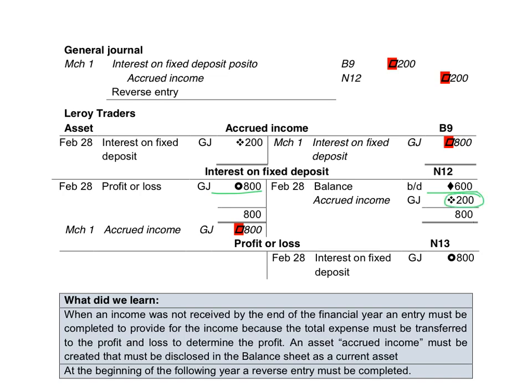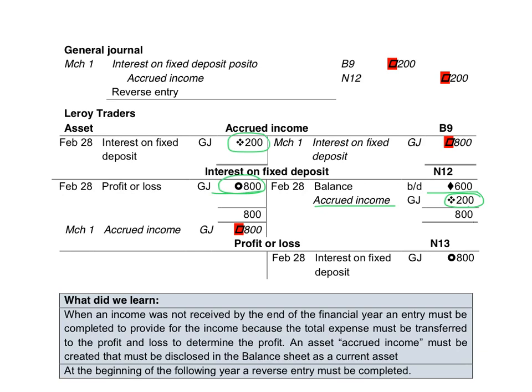That indicates that there's an accrued income at the end of the year, and we have to add it to the interest on fixed deposit account so that we will be able to transfer the full amount to the profit and loss account. Because we credit the interest on fixed deposit account, we will debit the accrued income account with 200. This 200 in the accrued income account will be recorded in the balance sheet under current assets.